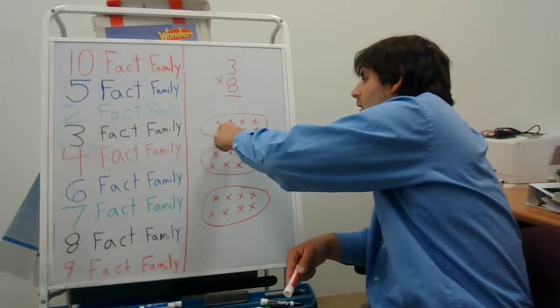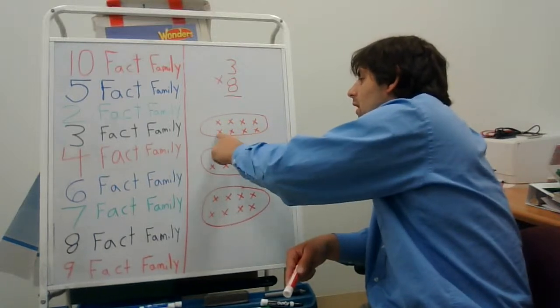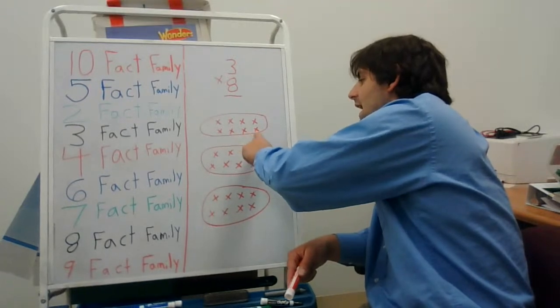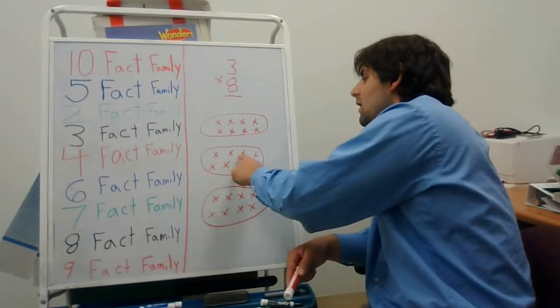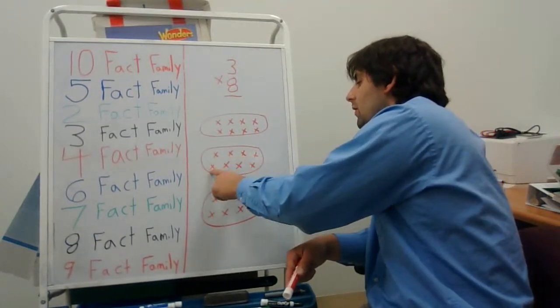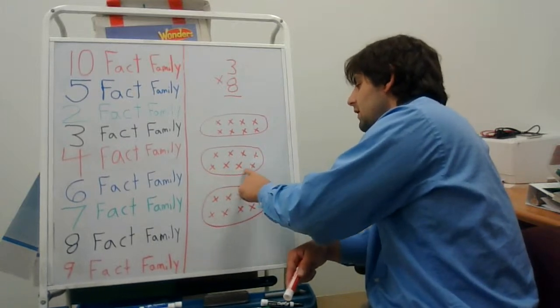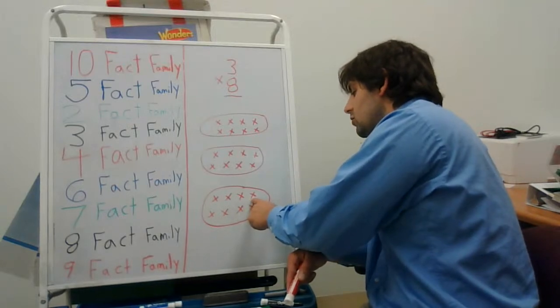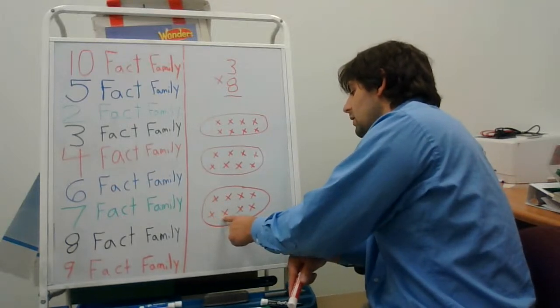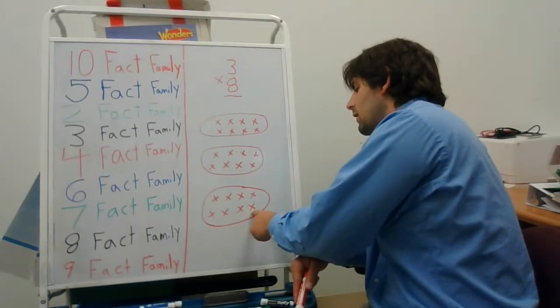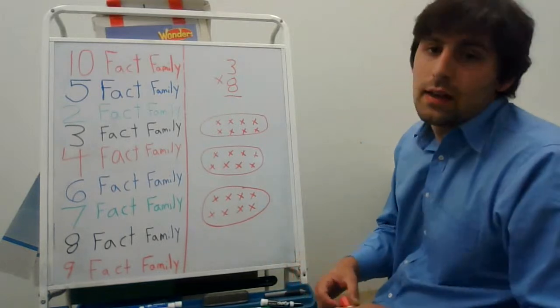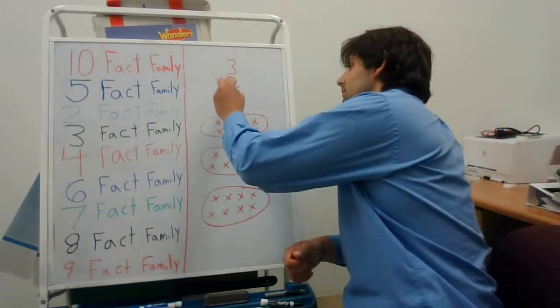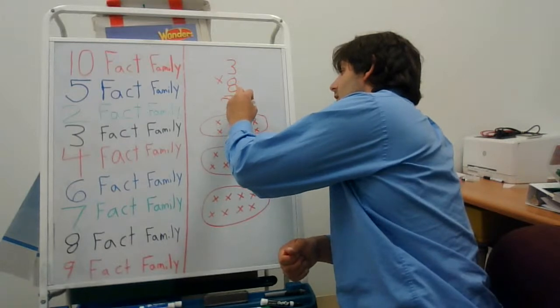So here we go. 1, 2, 3, 4, 5, 6, 7, 8, 9, 10, 11, 12, 13, 14, 15, 16, 17, 18, 19, 20, 21, 22, 23, 24. And we have our answer. 3 times 8 equals 24.